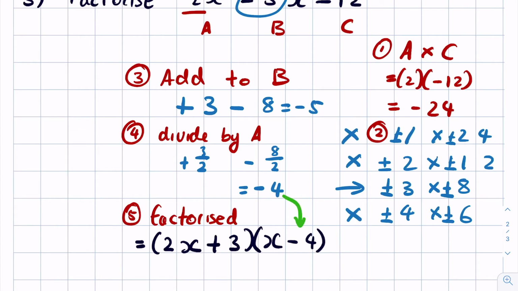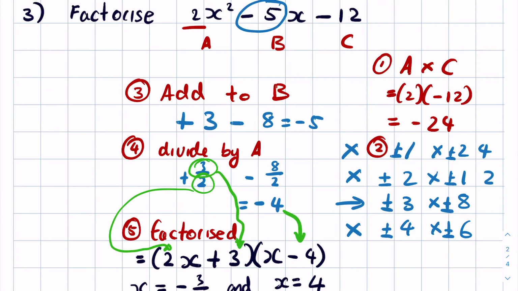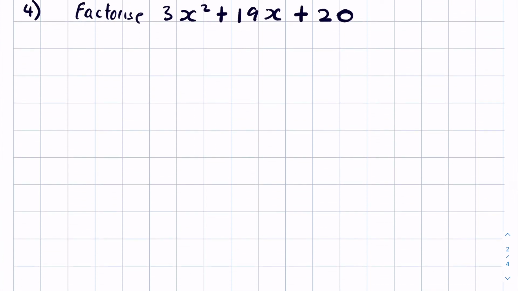And that's where the negative 4 comes from. And the 2 comes from the denominator. And the 3 comes from the numerator. And so x equals negative 3 over 2, and x equals 4.